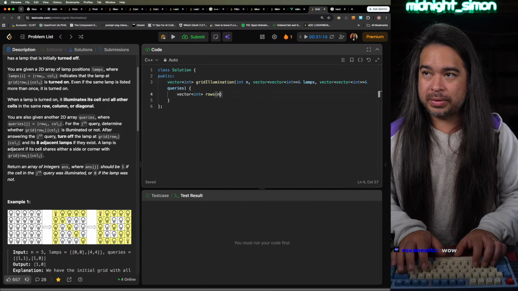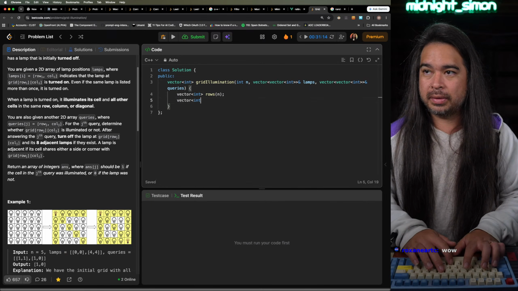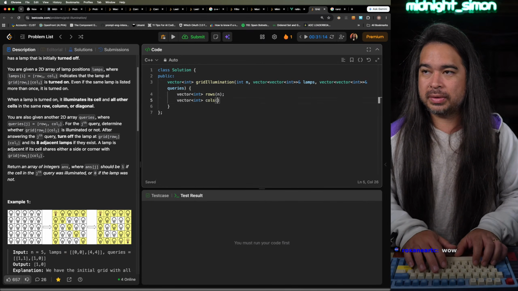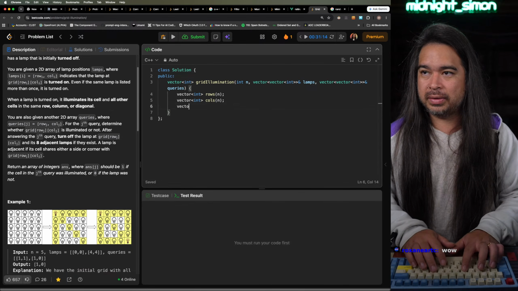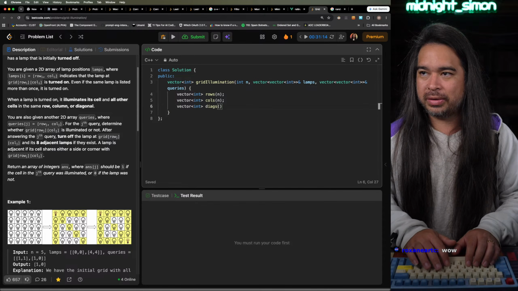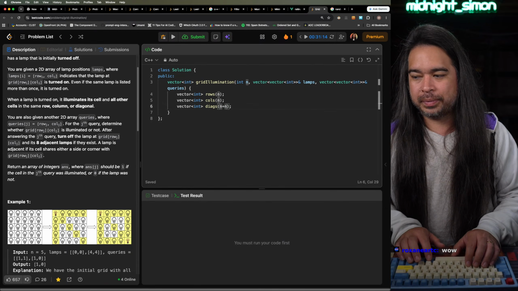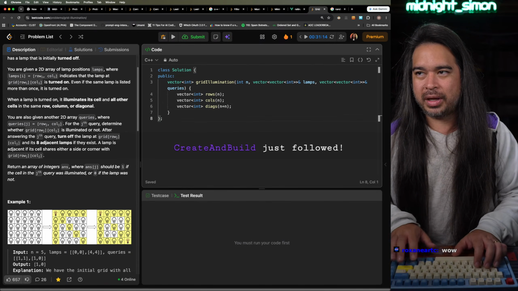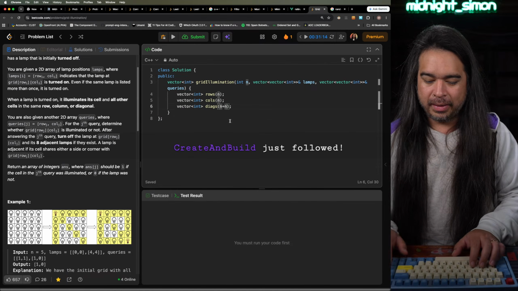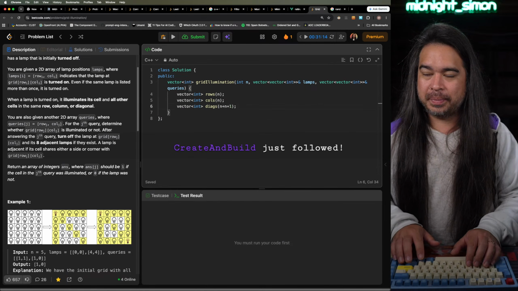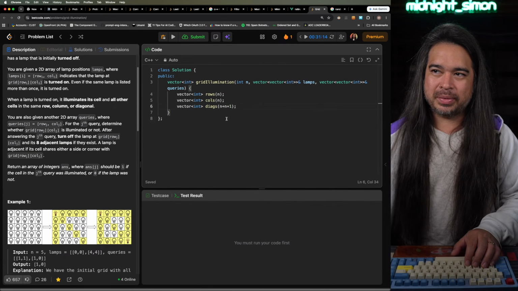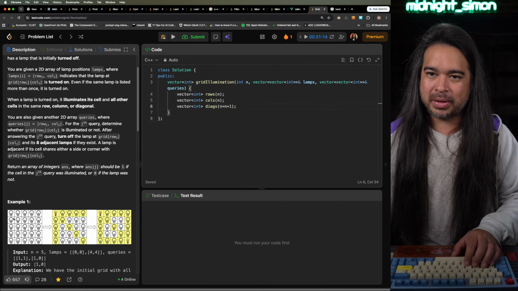Alright, so rows, columns, and diagonals. I'll just use n plus n plus 1, because I have to pad it, because we can get negative diagonals, but I'll add n to pad everything.